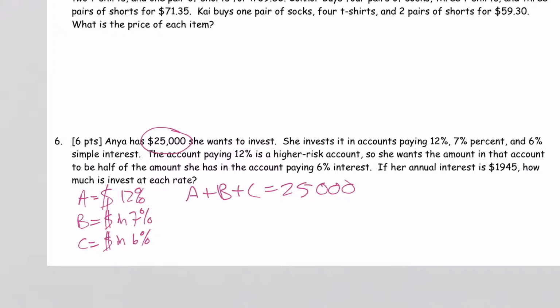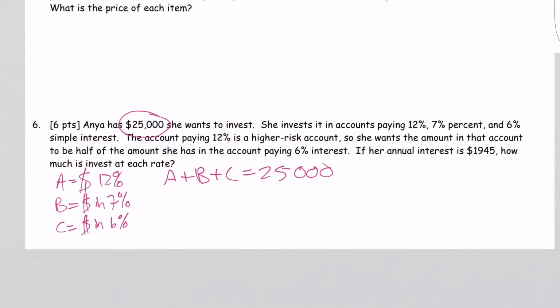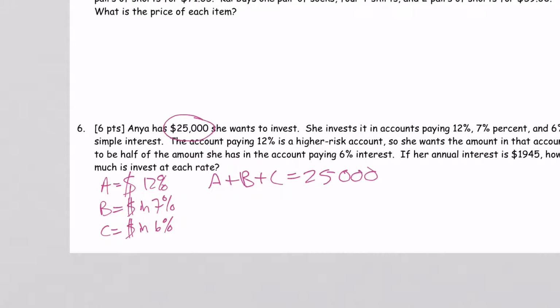Next, we're told that she wants the amount in the high risk account, the 12% account, account A, to be half the amount she has in the account paying 6% interest. So how can we figure out how much is in account A? Well, we can take the amount that is in account C, the 6% account, and divide it by 2 because we want half of that amount.